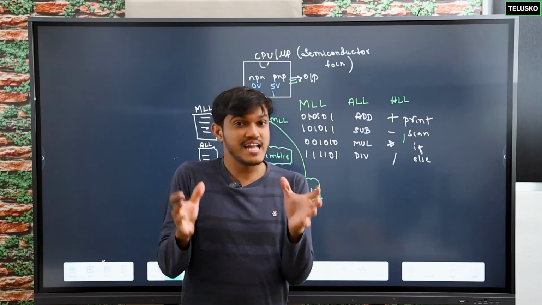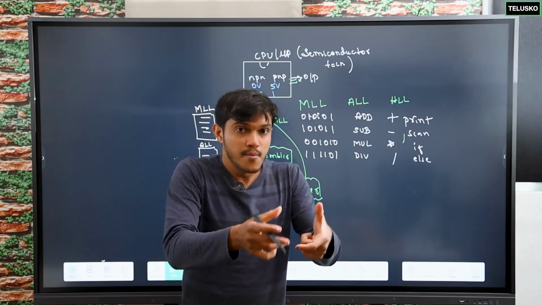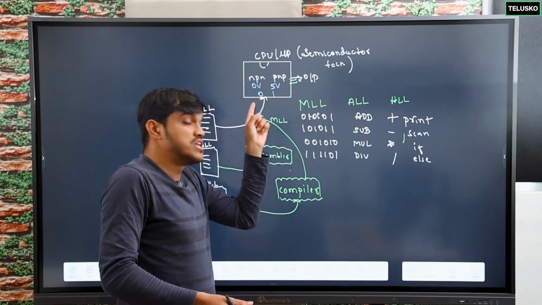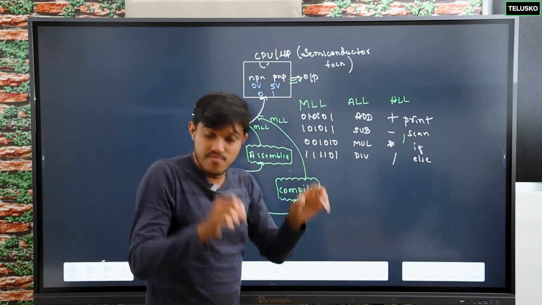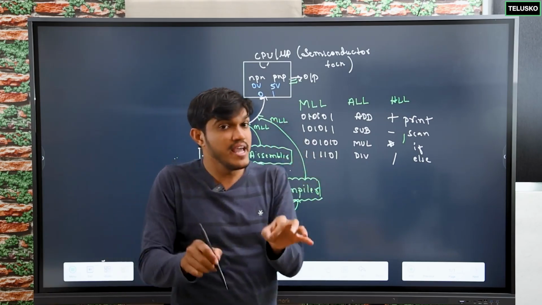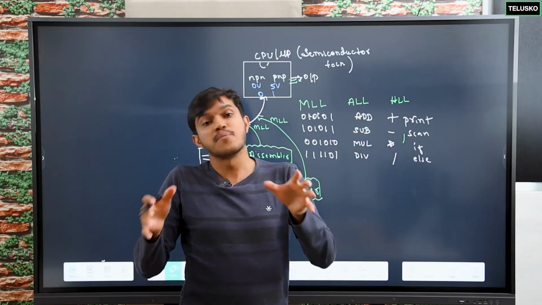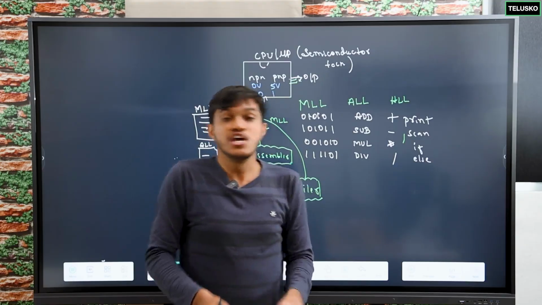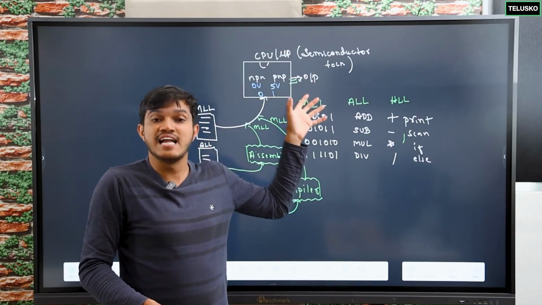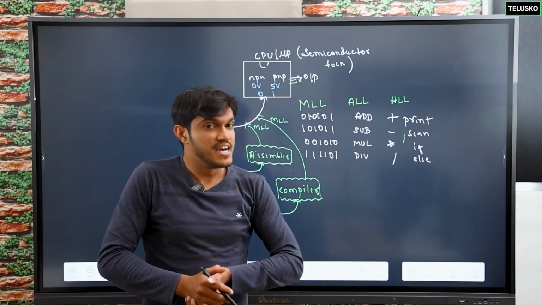I hope now you'll understand why we need to compile it, because our machine can understand only zeros and ones. And from 1960s, even today, we are using English-like commands and symbols to write our programs, to write the instructions which our machine can understand and give you the desired results.